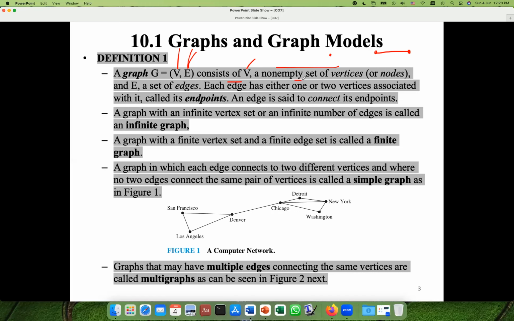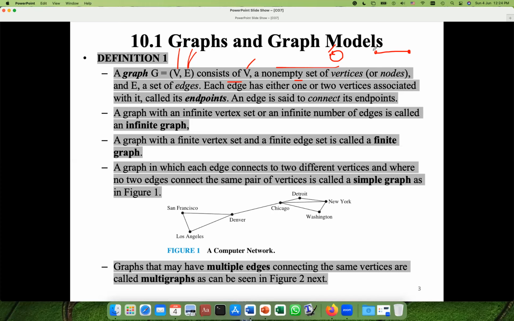And why one? Because according to this definition, when you have only one node, it can be a loop on that node. And now you have only one edge.